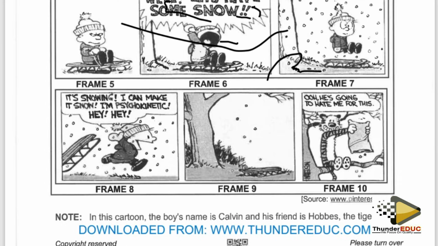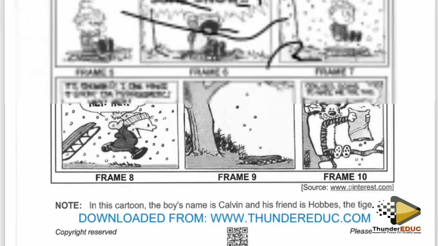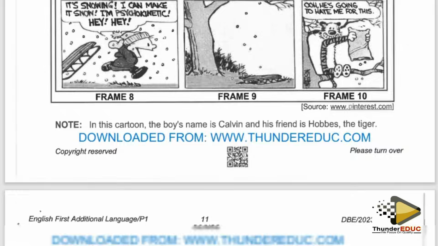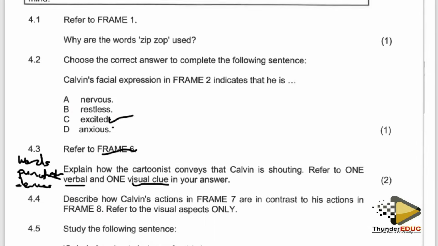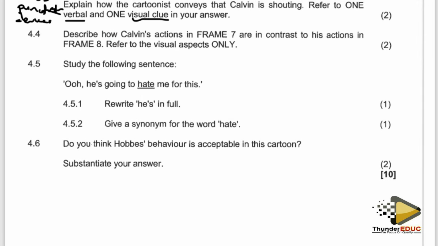All right. Frame 7. It said just refer to the visual. He has wide open eyes. That's our visual. Visual aspects only, it said. Frame 7, he has wide open eyes. In frame 8, he has a wide smile on his face. That is the contrast. So the contrast of the visual is shown by the wide open eyes and the smile in the other one.